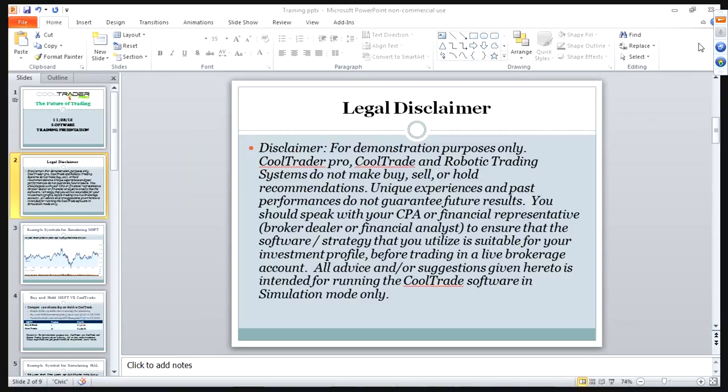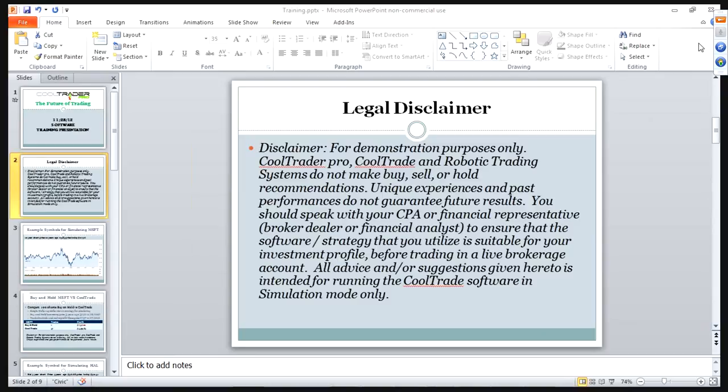First, I want to start this call off by going over the legal disclaimer. In today's world, we need to cover ourselves and let you know, first and foremost, we are a software company. We're not registered investment advisors. We have a tool that will help you trade the market. The disclaimer is for demonstration purposes only. Everything I cover with you tonight is for demonstration and example purposes.